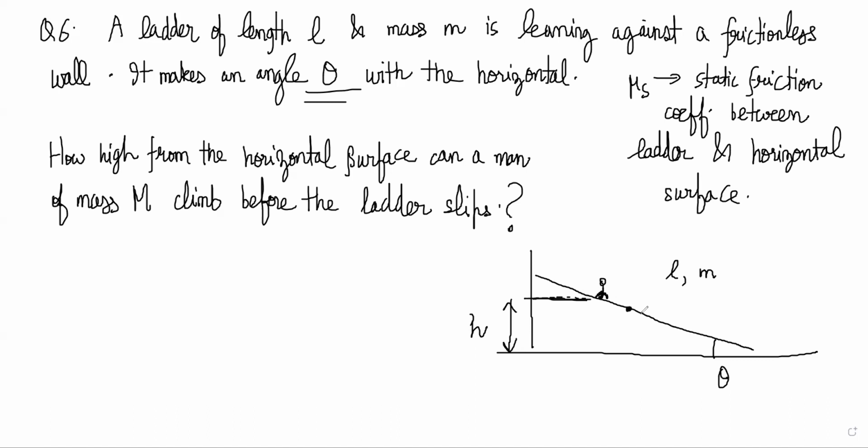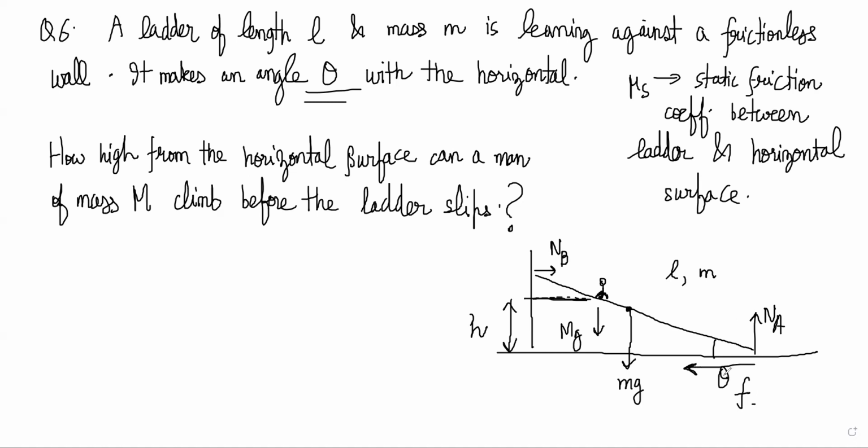The center of mass of the ladder is here, and it exerts a force. There is mg gravitation here. There is capital Mg here, right? Now, there is a normal force at this point, Nb, let's say, and here there will be Na. And since the ladder wants to slip this way, friction will be acting this way.